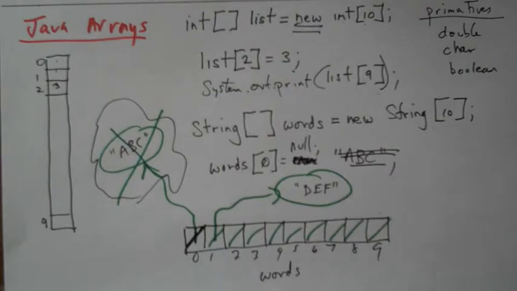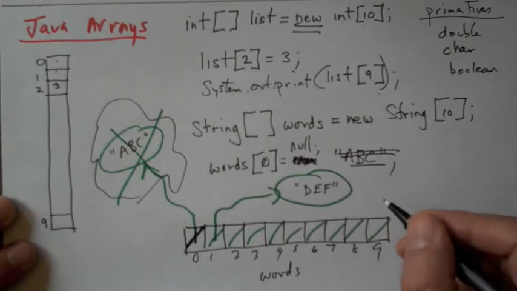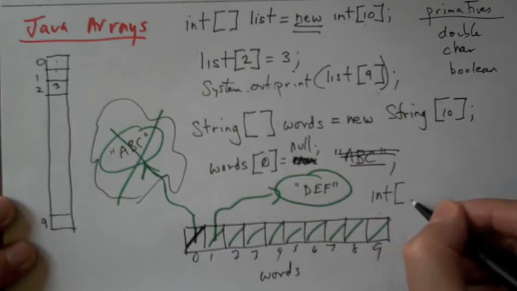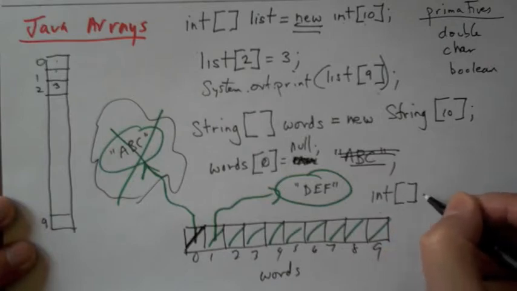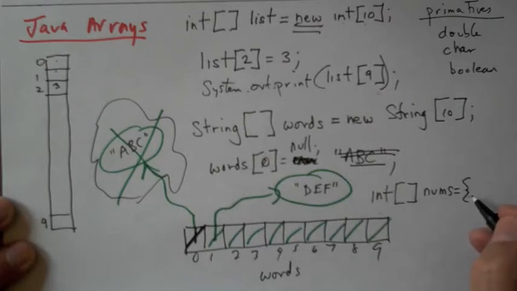Last thing on strings, there's a shortcut for filling arrays. It works like this. So you could do int nums, we'll give it a different name, equals, and then inside braces you just enumerate the numbers that you want to be in the array nums.